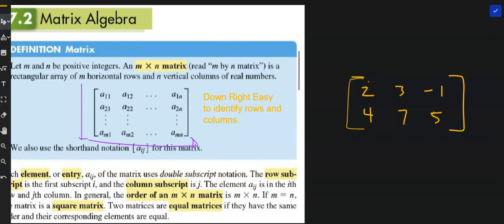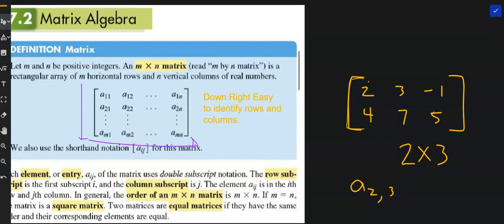Here's a matrix. Can you tell me what the dimensions of this matrix are? 2 by 3. 2 rows, 3 columns. What is the element in row 2, column 3?